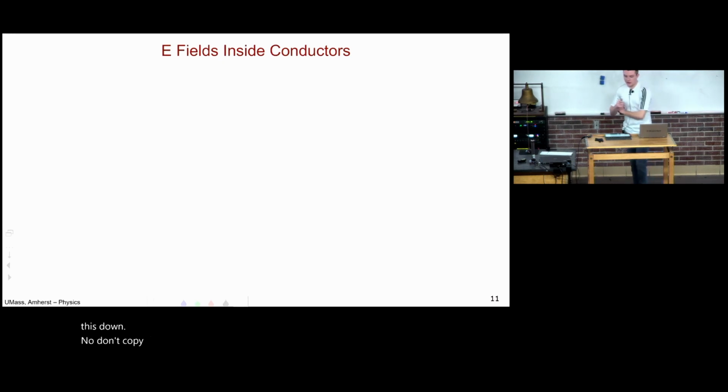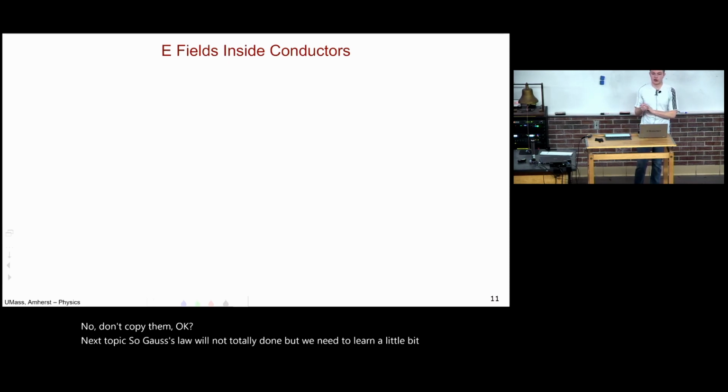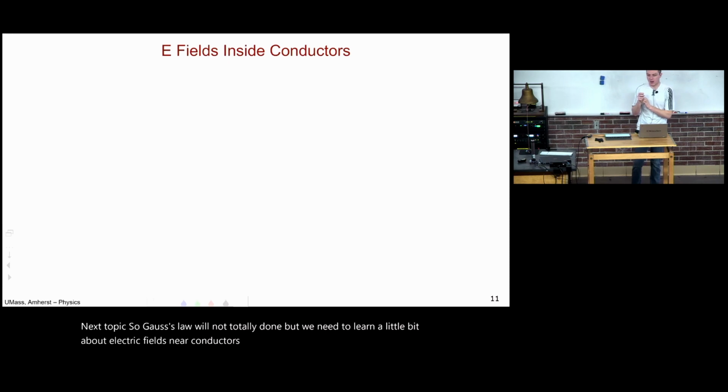Okay, next topic. So Gauss's law is, well, not totally done, but we need to learn a little bit about electric fields near conductors now. This is a pretty common topic.